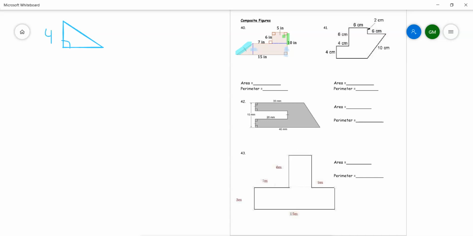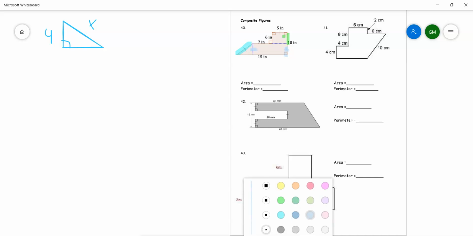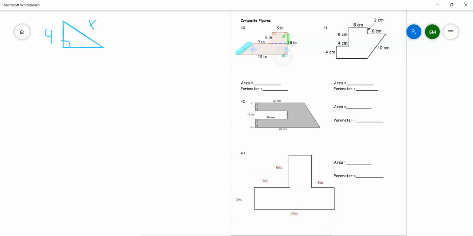So that's 4. And we're looking for the hypotenuse. Now, what is the other leg going to be? Our full bottom length here is going to be 15. Now, we are trying to find out what a portion of it is, this small portion here.